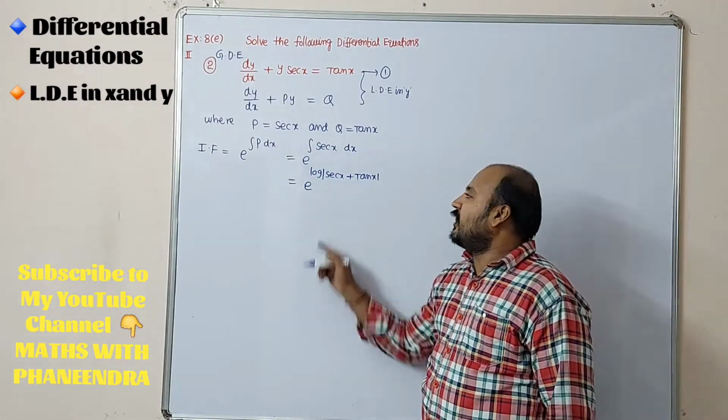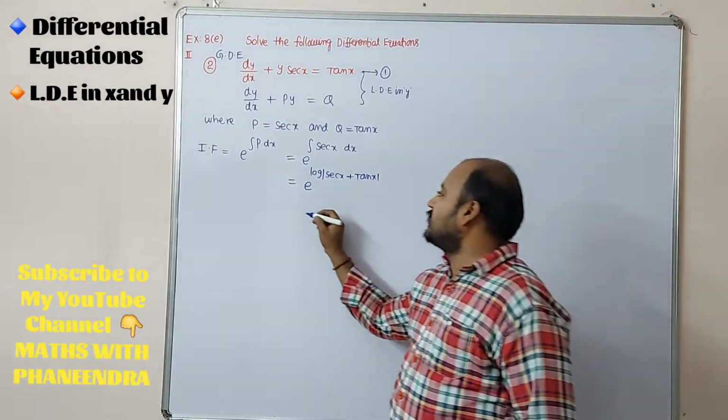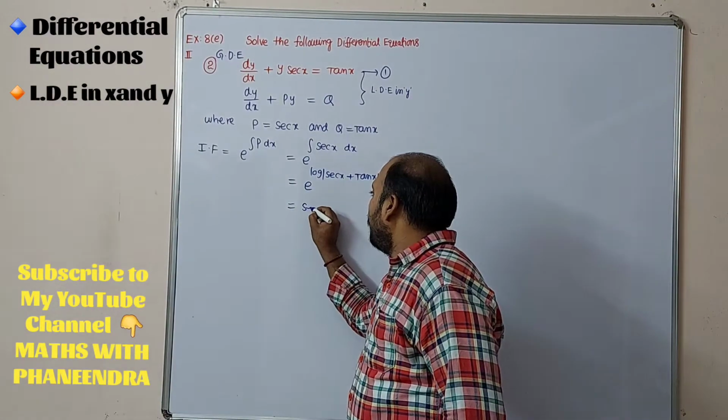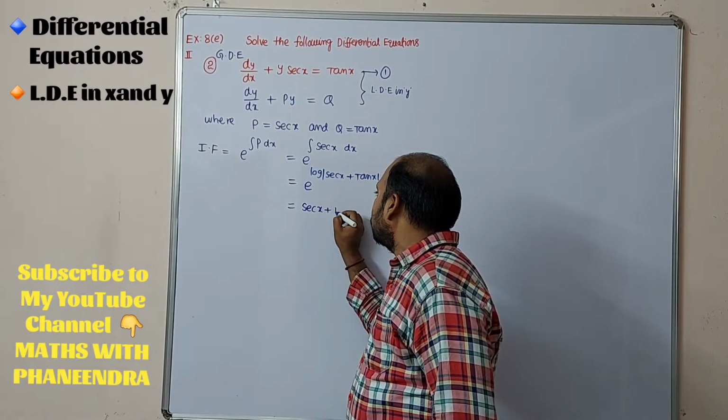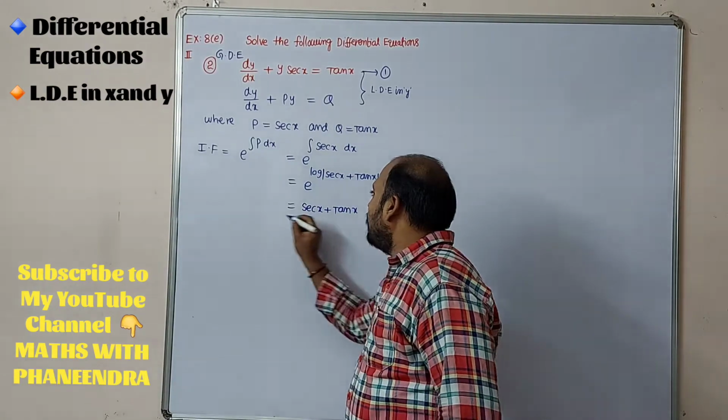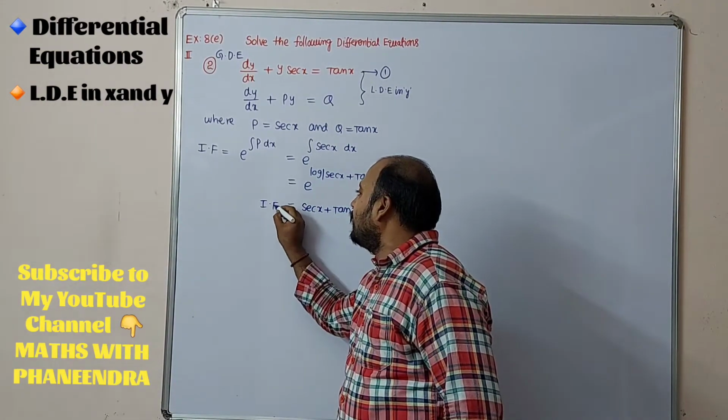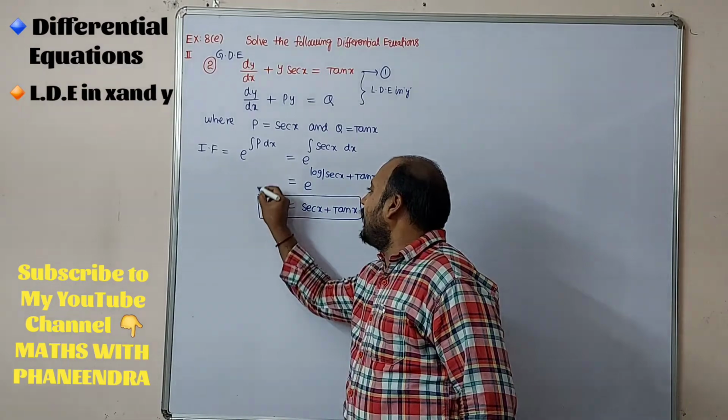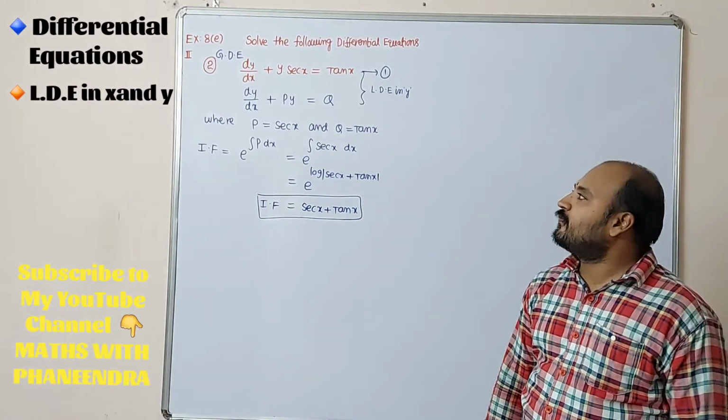Come to here. e power log f of x is equal to f of x. So it is secant x plus tan x. So the integrating factor for the given differential equation is secant x plus tan x.